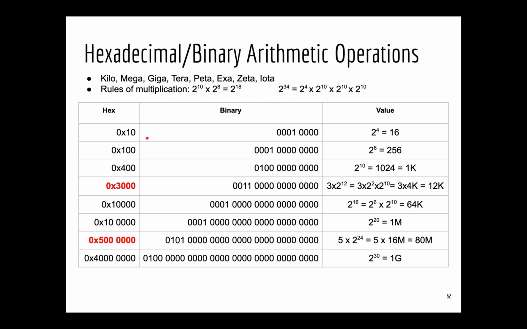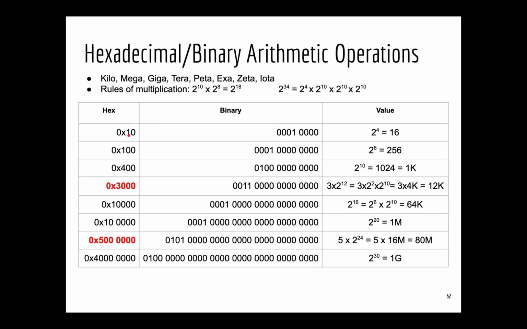Then let's look at some examples below. In this table, the leftmost column is a number in hex, and we try to convert this number to decimal using binary units like kilo, mega, and so on. In the first example, the hex value is 10, and it will be easier if you convert that number to binary.